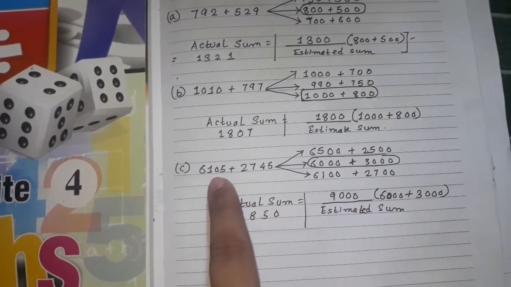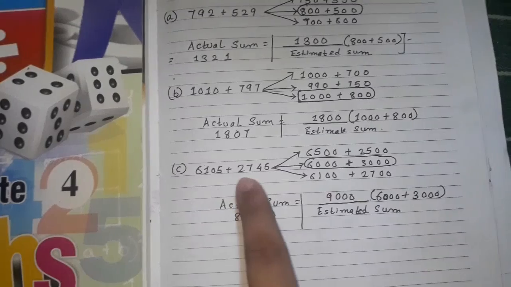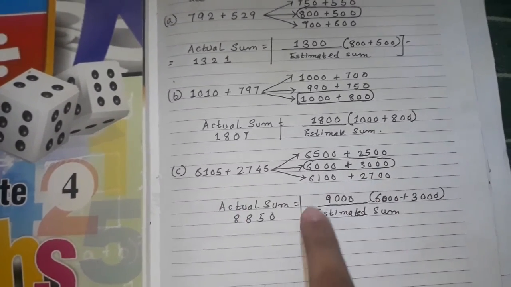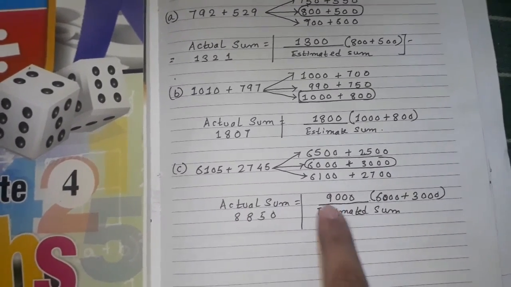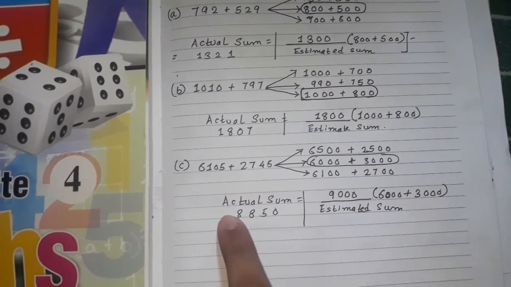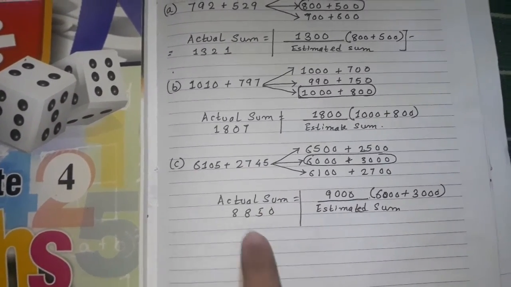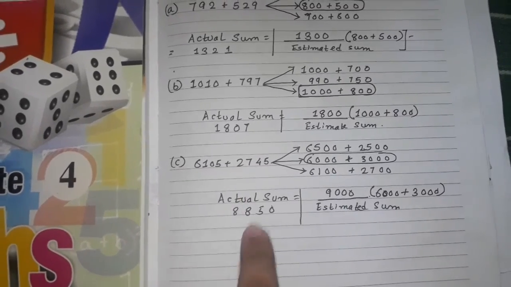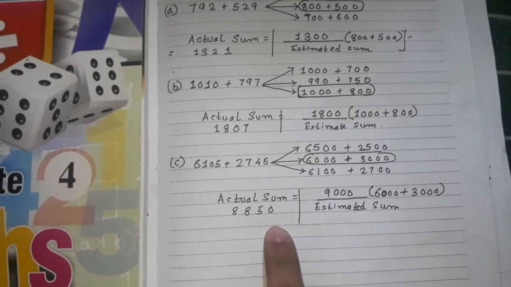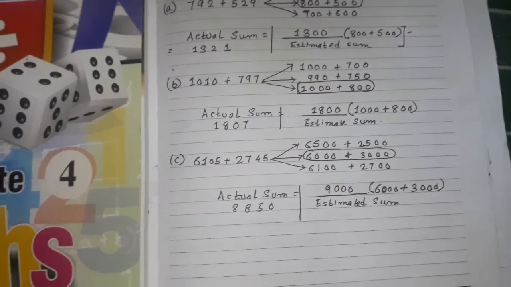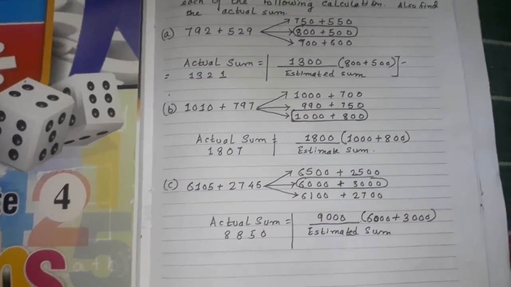So 6105 will be 6000 and 2745 will be 3000. By adding these two, the estimated sum becomes 9000. The actual sum, by adding: 5 plus 5, 0, 1 carry, 4 plus 1, 5, 7 plus 1, 8, 6 plus 2, 8, so 8850 is the actual sum and 9000 will be your estimated sum. So this way we can do it.